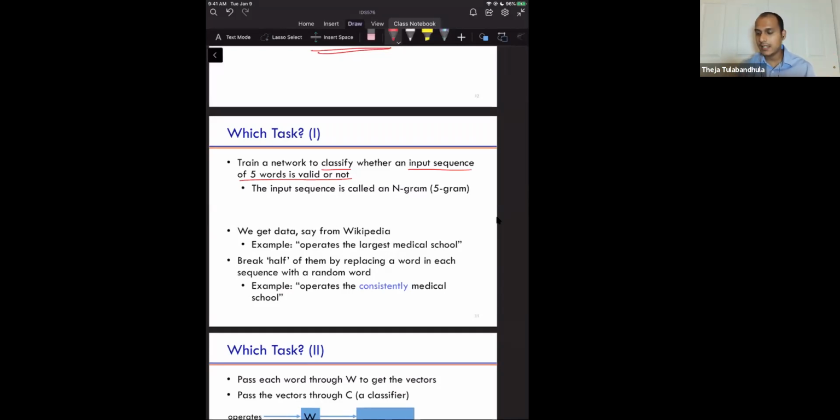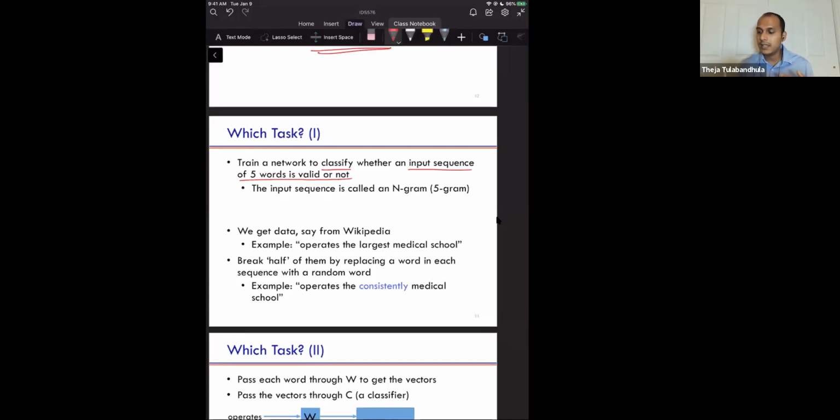And we can cook up some arbitrary sequences which are not valid, right? Let's say we picked a sequence of 5 words, and then randomly change one of the words to a completely random word. Then more than likely that sequence of 5 words would not make any sense, and so you can just tag it as invalid.